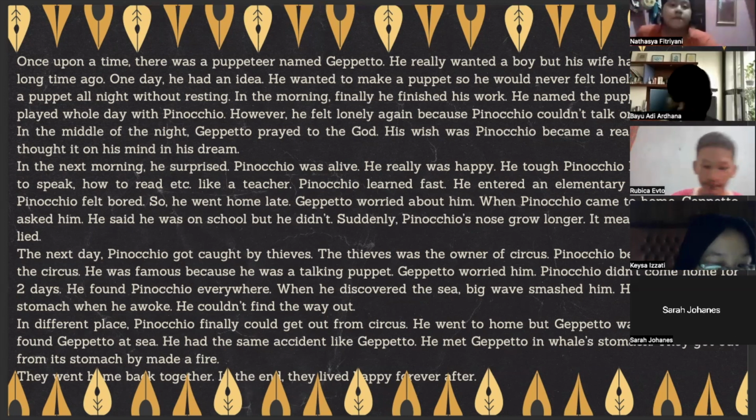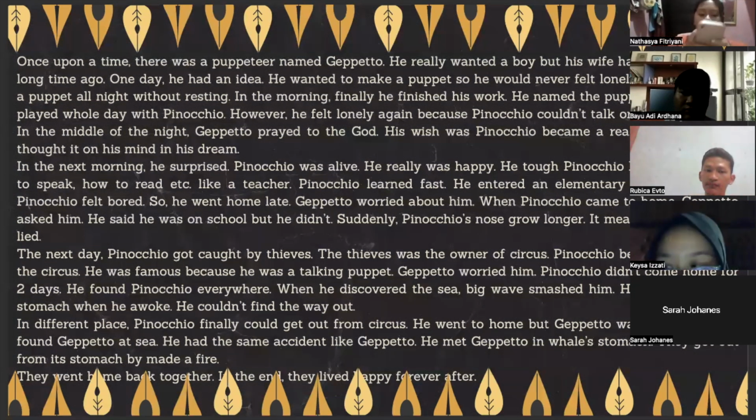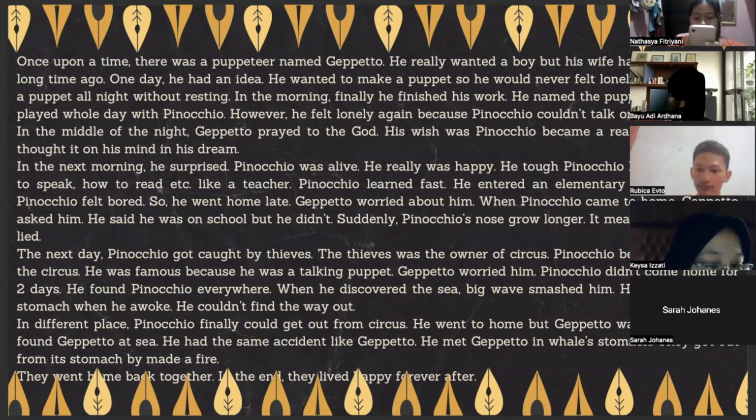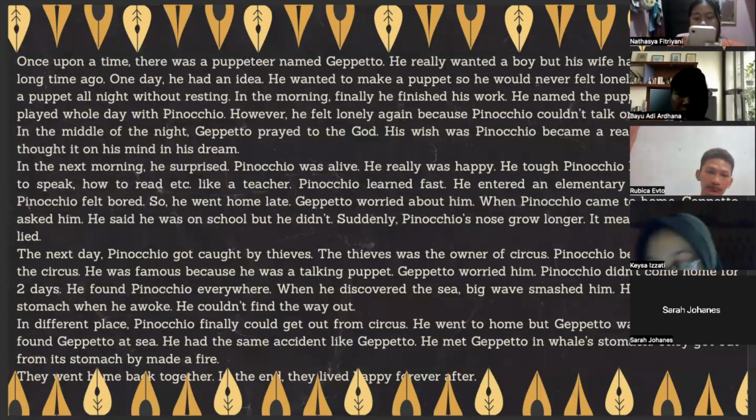And the second one is how the story started. Geppetto really wanted a boy, but his wife had died a long time ago. Okay, that's good. And Vanessa, can you explain the problem and the climax of the story?